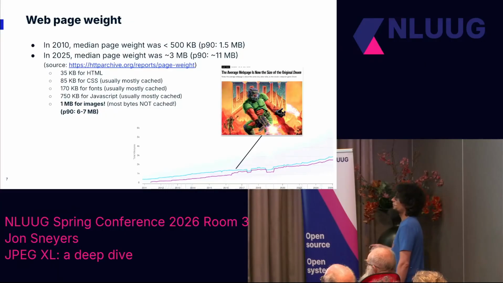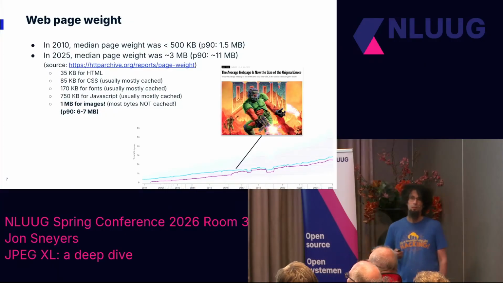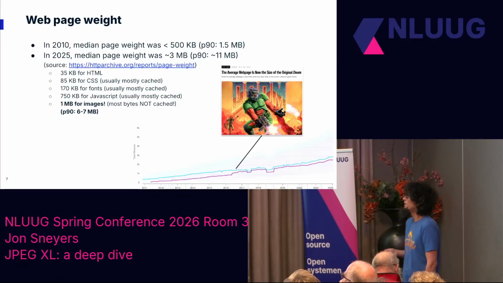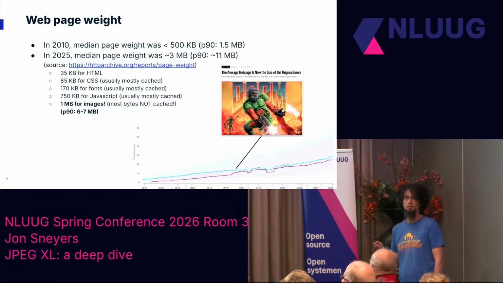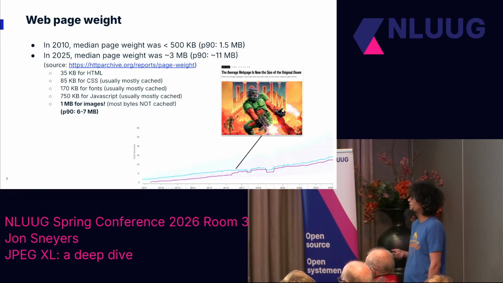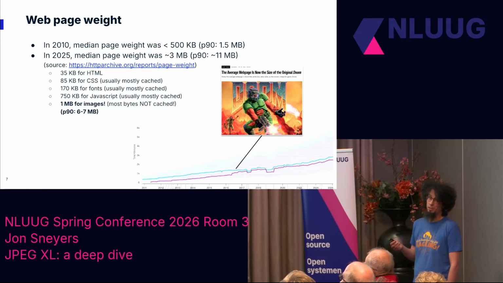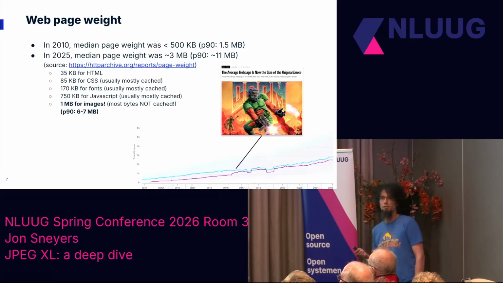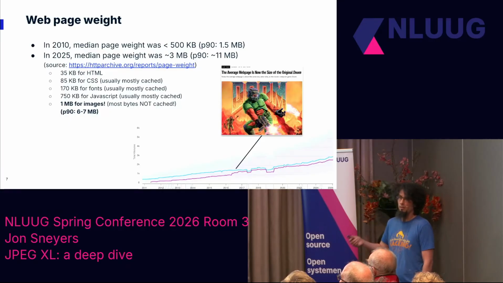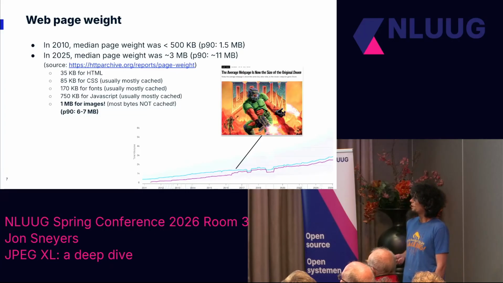The text, the HTML, is not a lot of data and it compresses well. The CSS, the JavaScript, the fonts, these do represent some amount of information, but generally this can be cached very effectively locally. So you only need to transfer it when it changes. But the images, that's where the bulk of the data is, and well, you can cache them, but a lot of times they are new images every time, so most of it is not cached.